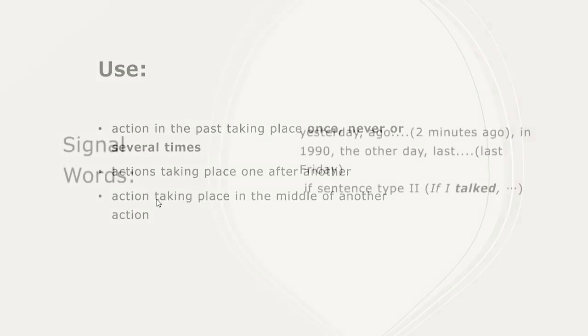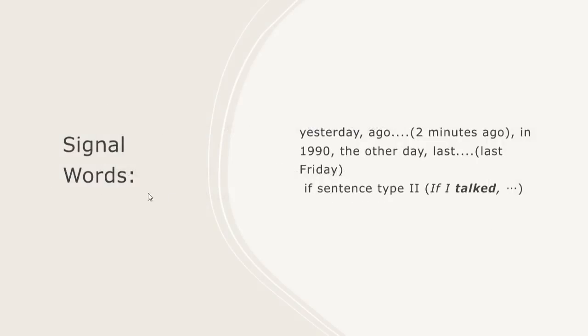Yeah, and the time signals used are like yesterday, ago, like 2 minutes ago, a week ago, in 1990, the other day, last Friday. Okay, if sentence type 2, like if I thought, yeah, you blah blah. Okay, right.